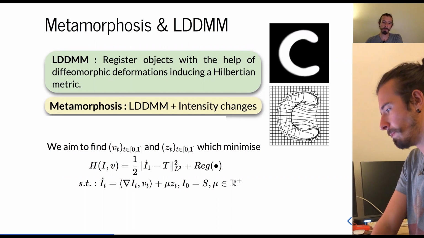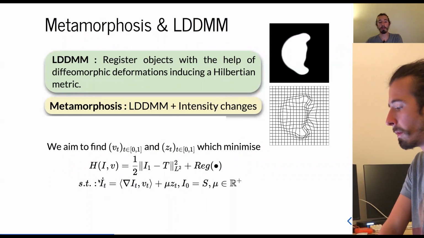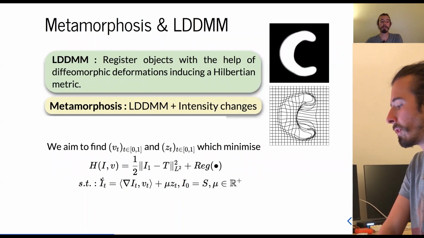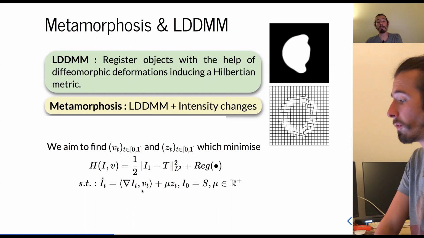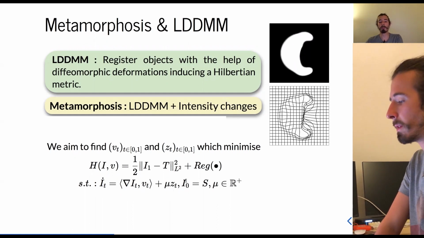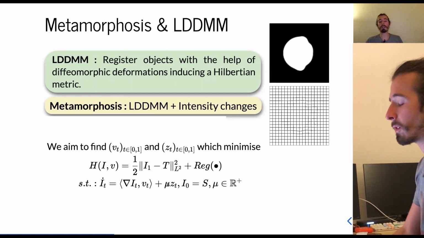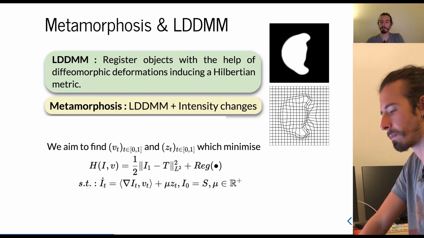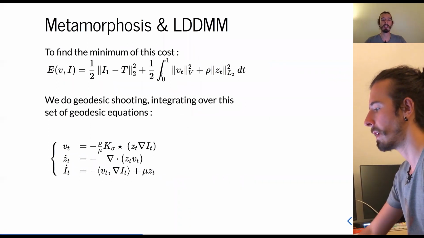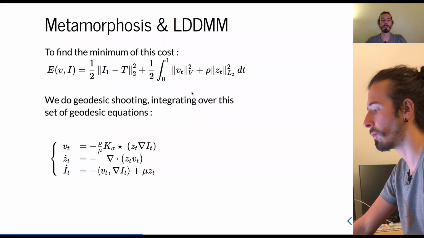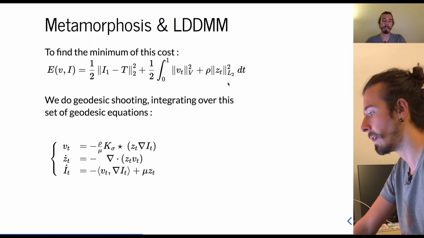What is important here is that I1 is obtained by solving a variational equation, and we have the temporal derivative of the image, which is the application of the vector field plus some intensity changes. If we have mu, a parameter, set to 0, we have LDDMM. This is the cost we're minimizing in metamorphosis, and this is the regularization term.